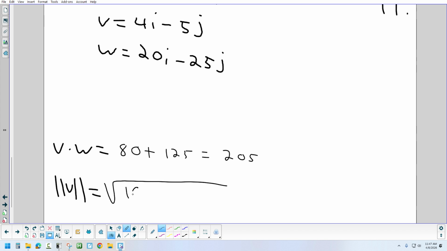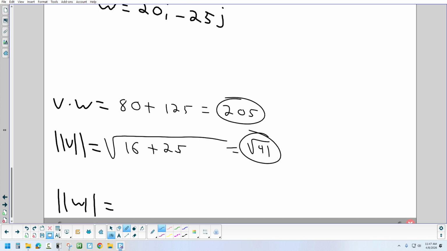Yep, just going to do that out. So 4 squared plus negative 5 squared. That's going to give me the square root of how much? Yep, 41. So we get the dot product. We've got part of the denominator. We need one more. Magnitude of W.